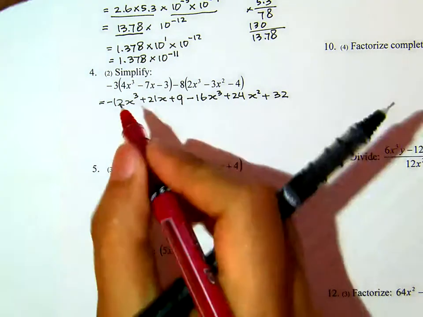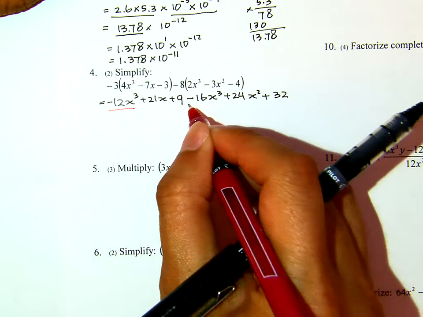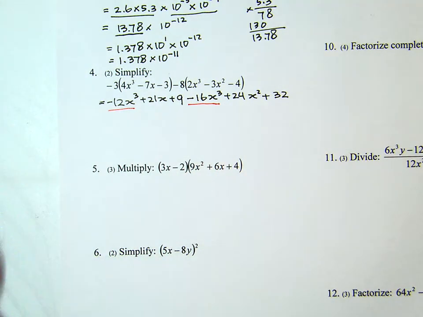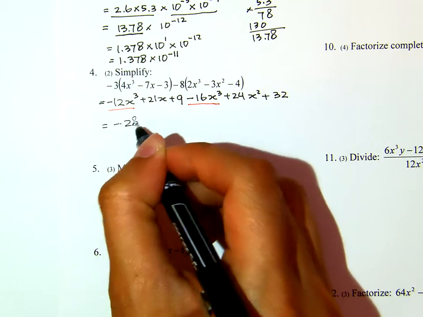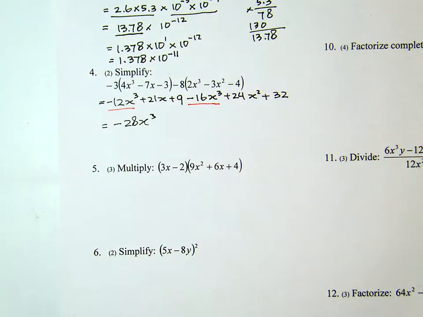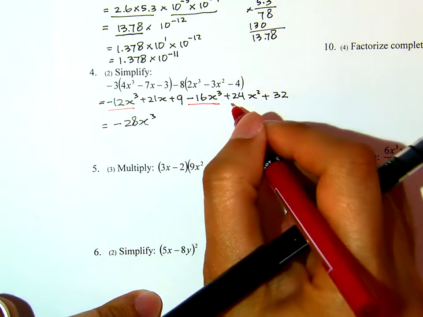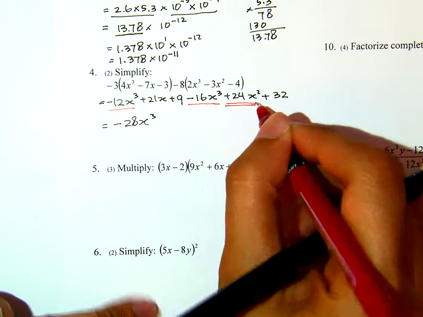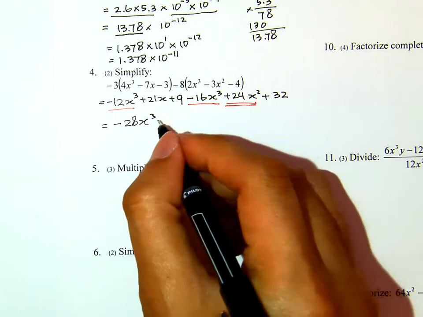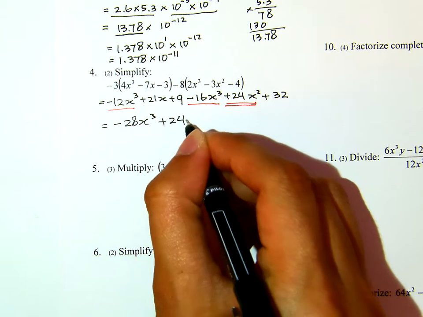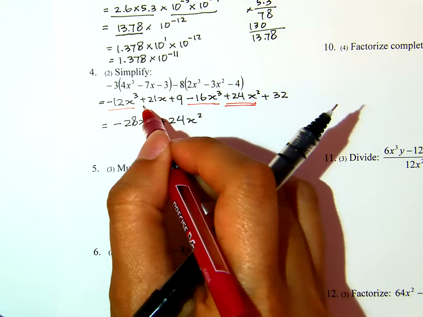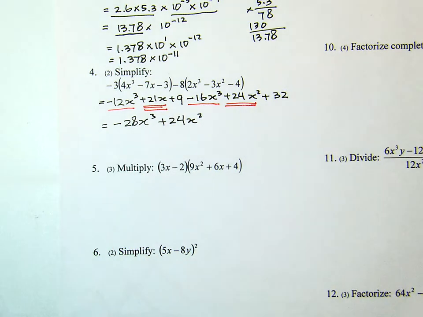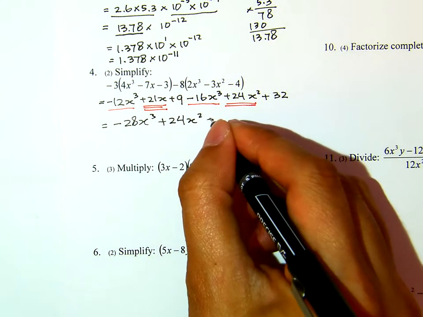The x cubed term, this one and this one here, it will be -28x cubed, okay? And then the second one is the x squared term, it's standing by itself, plus 24x squared, and then after that the x term, which is by itself, right?